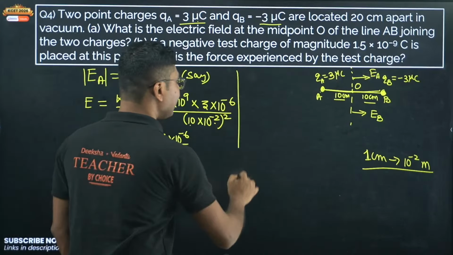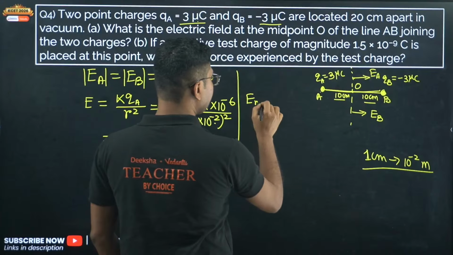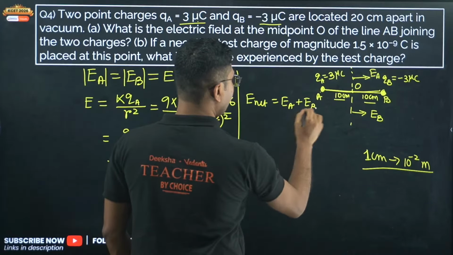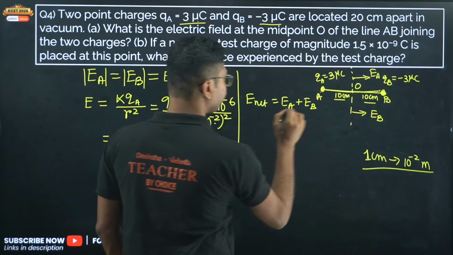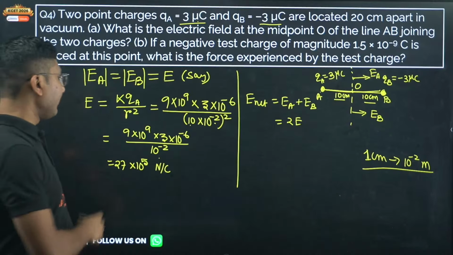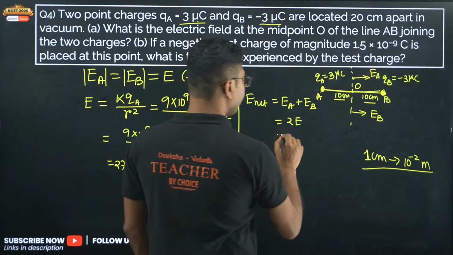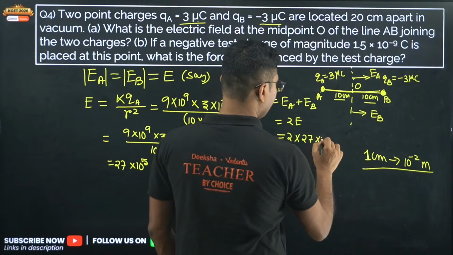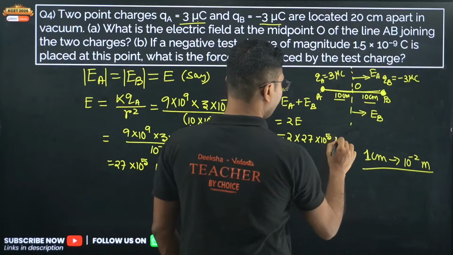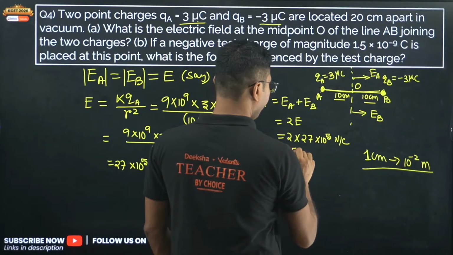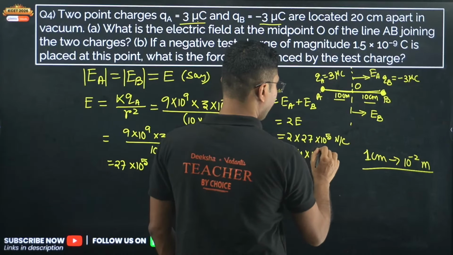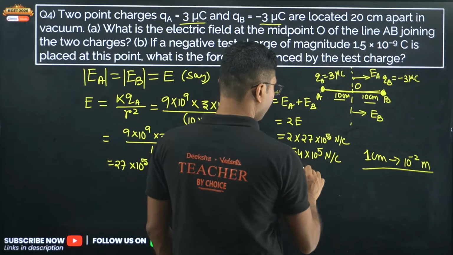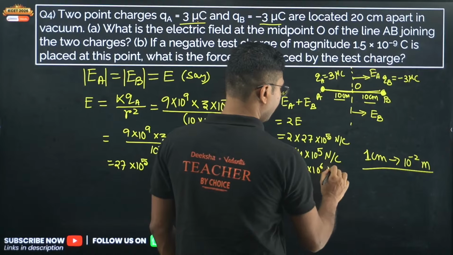So what is the net electric field? Net electric field is basically the addition of EA plus EB, that is 2 into E. So the net electric field is twice this value, which is 2 into 27 into 10 to the power of 5 Newton per Coulomb, or 54 into 10 to the power of 5 Newton per Coulomb, or you can write 5.4 into 10 to the power of 6 Newton per Coulomb.